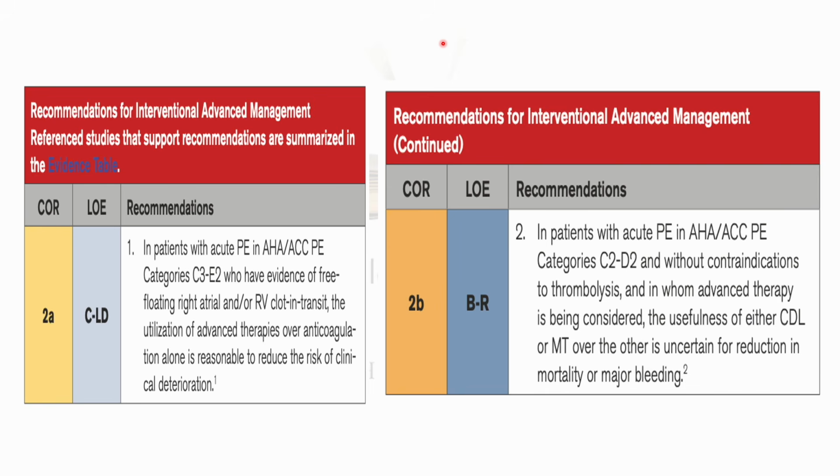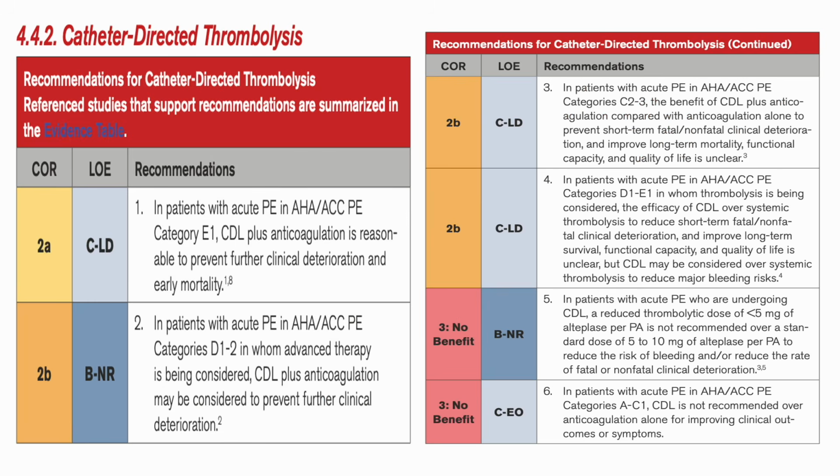Also, if you look at patients in the PEERLESS trial, they mentioned that in patients in the C2 to D2 category, if you compare mechanical thrombectomy or catheter directed therapy, there has been no significant difference in major bleeding or mortality. So it's really a decision based on your clinical picture.